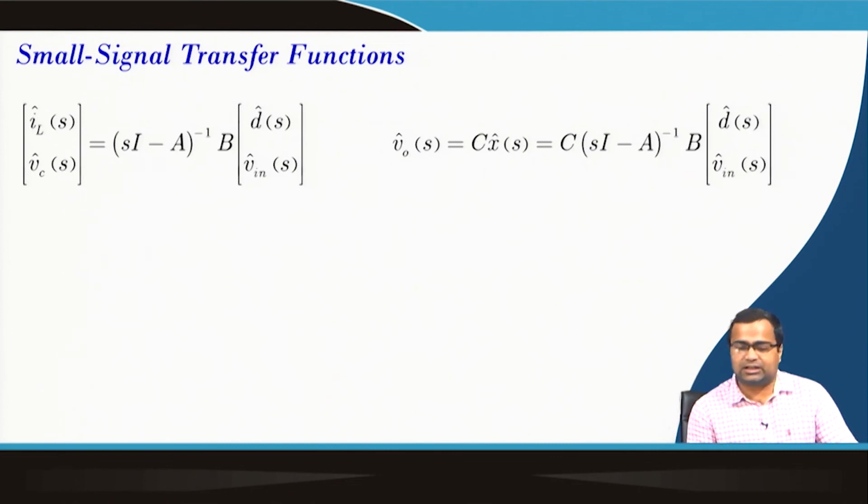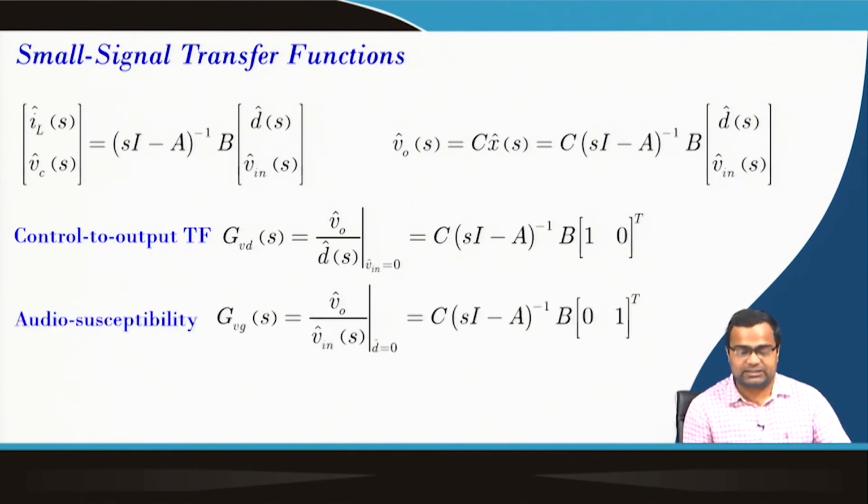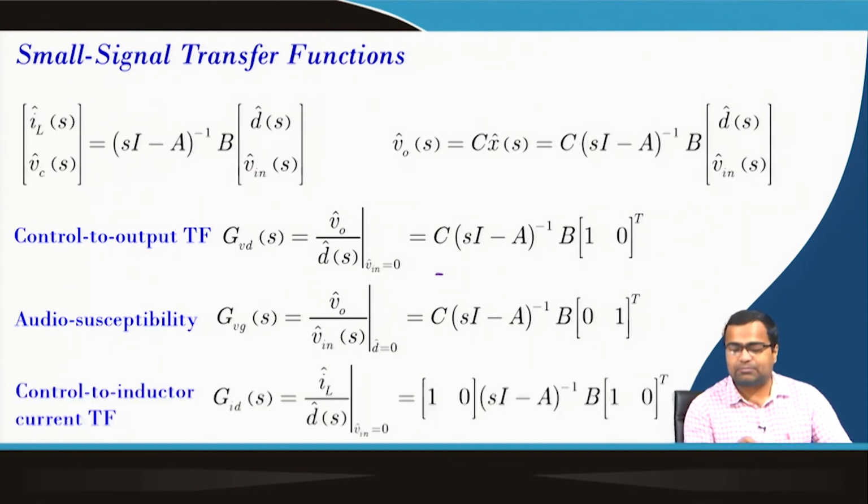Small signal transfer function. In the small signal transfer function, again the same method can be used. We already found the A matrix, B matrix, and C matrix. So, we can write down the expression of the control to output transfer function. If we do not consider any ESR, then these models are perfectly fine, and we can obtain the transfer function of a boost converter for different switch configurations.